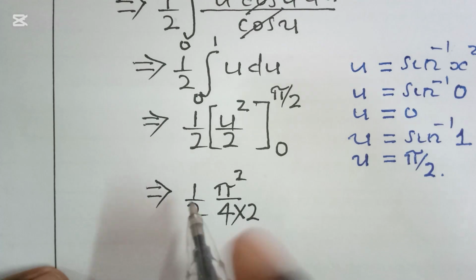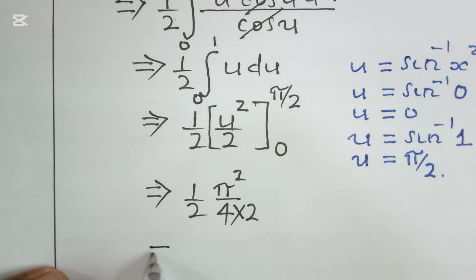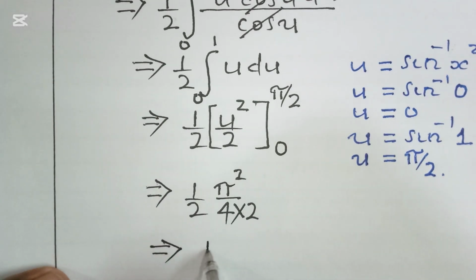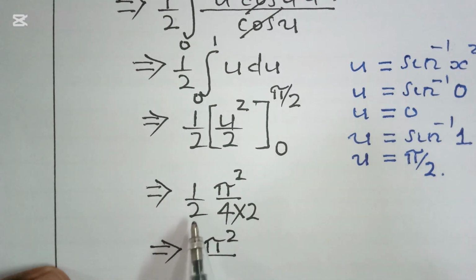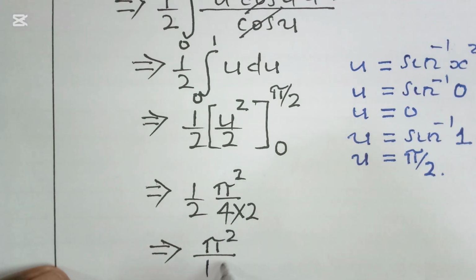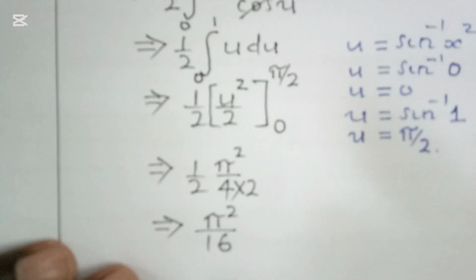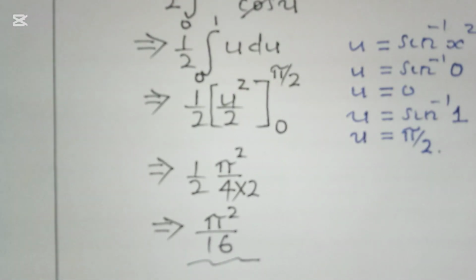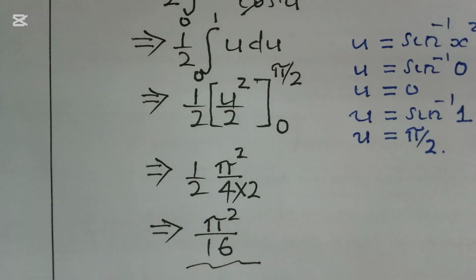So finally our solution is going to be pi squared all over 2 times 2, 4 times 4. This gives us 16. And so guys, this is our solution. Thank you guys for listening to me. Bye bye.